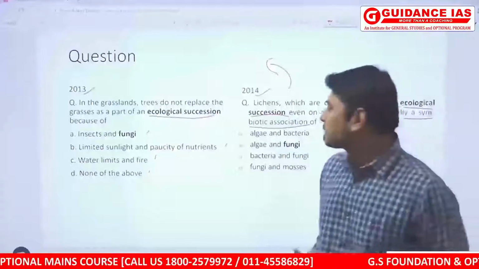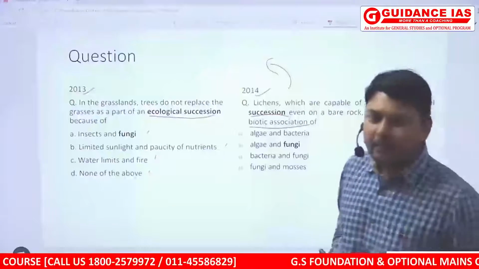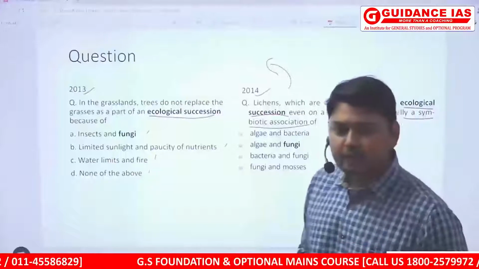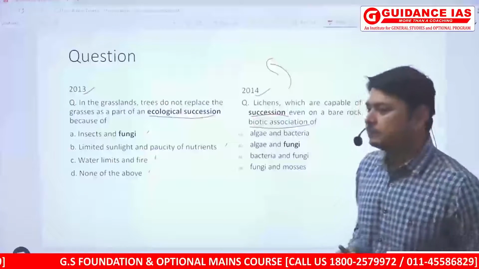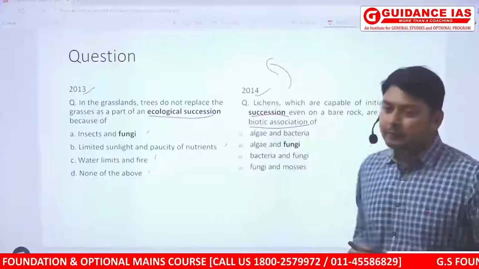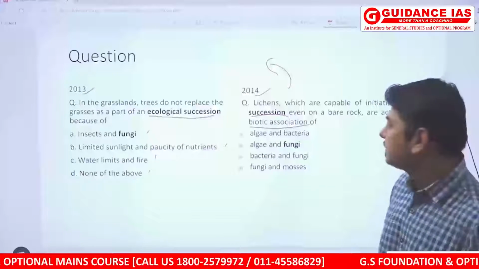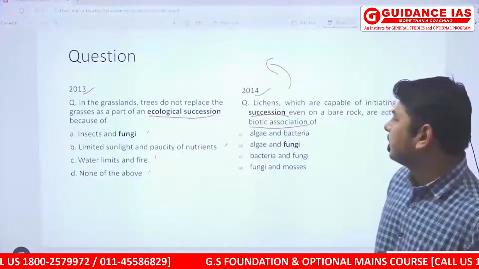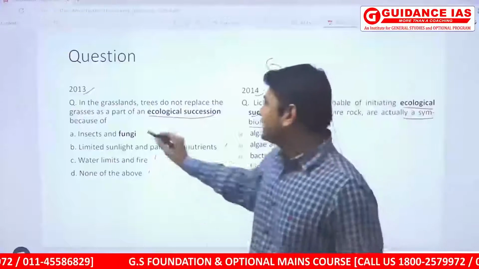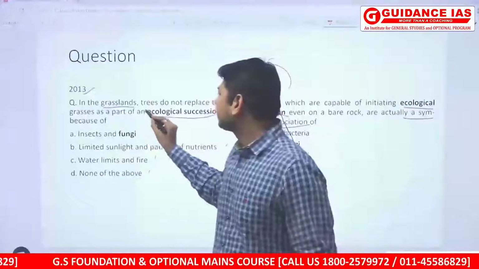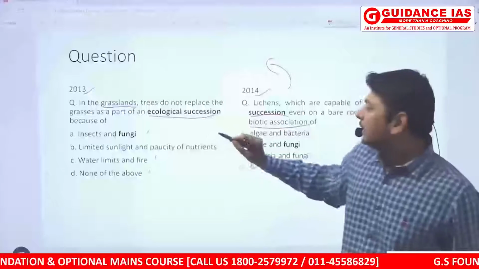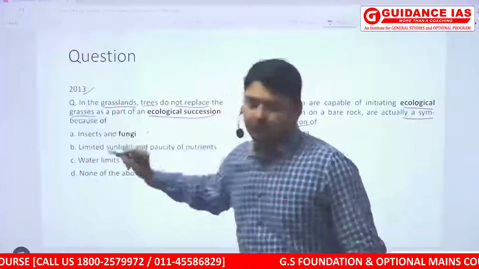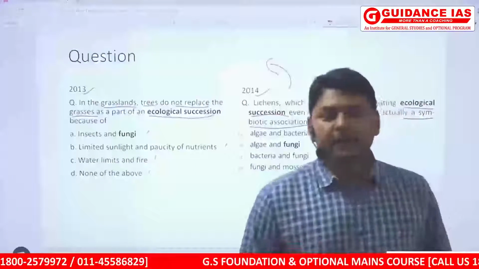If you look at this question narrowly, what is the demand of this question, what is UPSC trying to ask here? Basically it is asking about grassland. In the grasslands, trees do not replace the grasses.